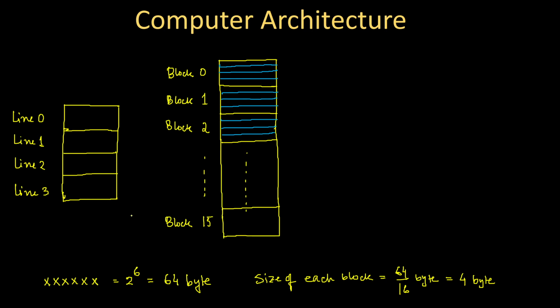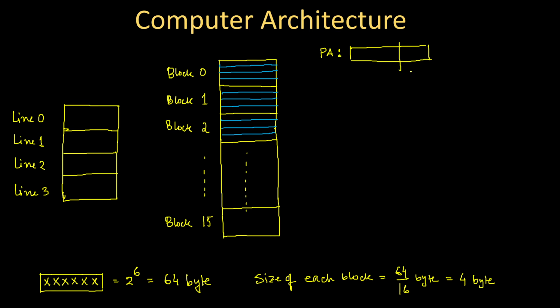Now, if we consider the physical address that we have just seen, this is my physical address. If I write the physical address over here, it is 6 bits and is divided mainly into two parts.